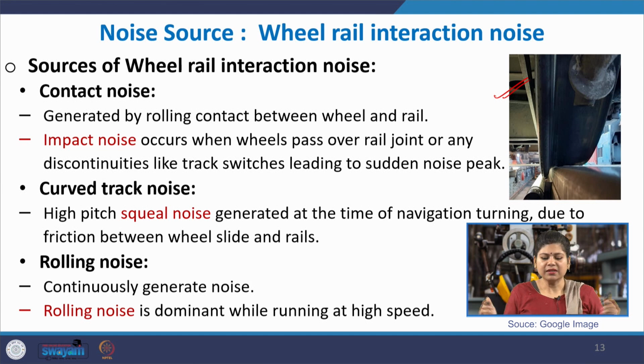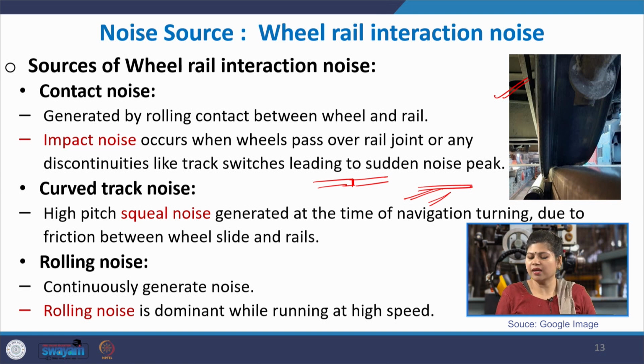For example, whenever two tracks are being joined together using welding, or whenever there is a change in the track, any kind of such discontinuities will impact the contact noise.